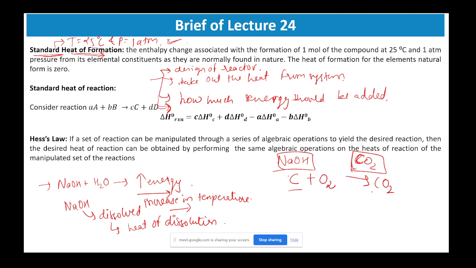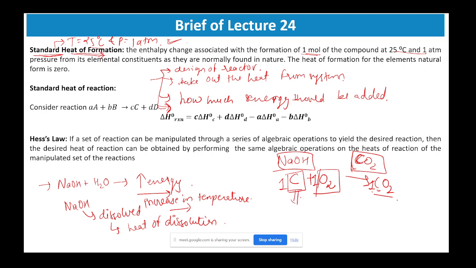So one atom of carbon reacts with one molecule of oxygen to form one molecule of carbon dioxide. If you write equations in such a way, then the enthalpy change associated with the formation of 1 mole of compound at these standard conditions from the elemental states.